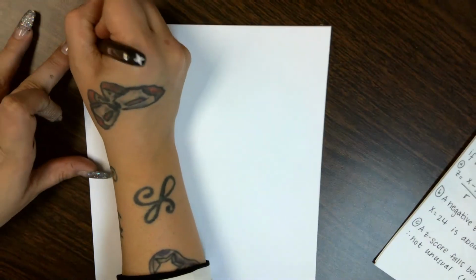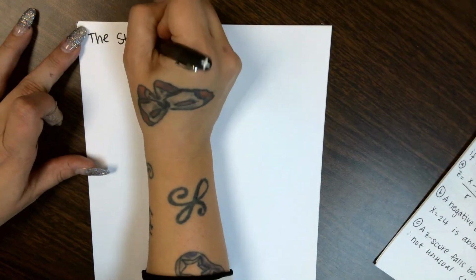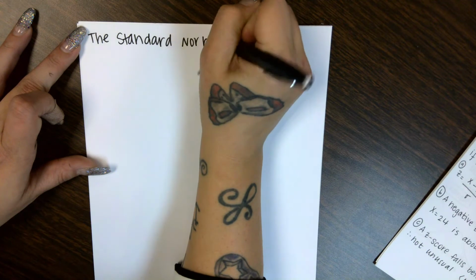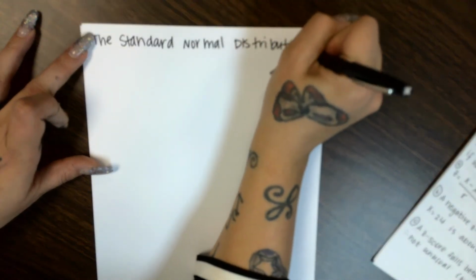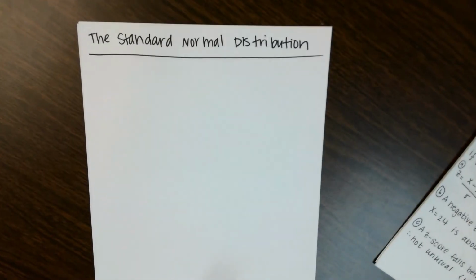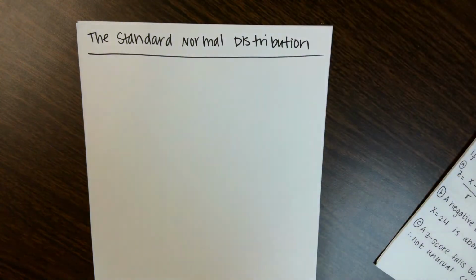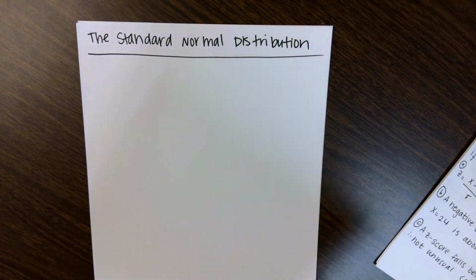Okay, so the standard normal distribution. I just want to point out something, just so nobody's like, hold on, how is she not talking about the same thing, and things are changing.